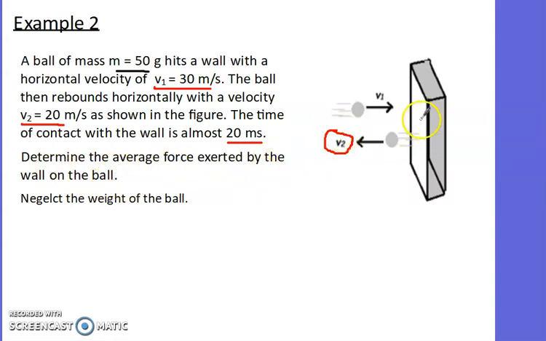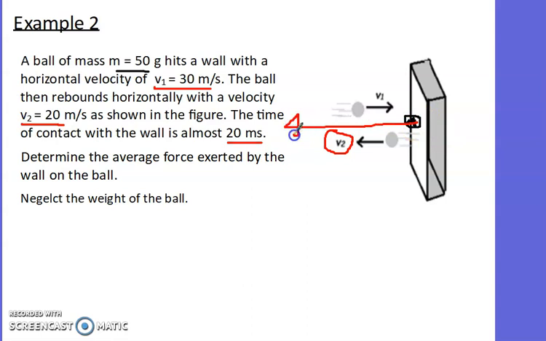It means here when the ball is in contact with the wall, the wall exerts a force on the ball. Of course, at the same time, the ball exerts a force on the wall.